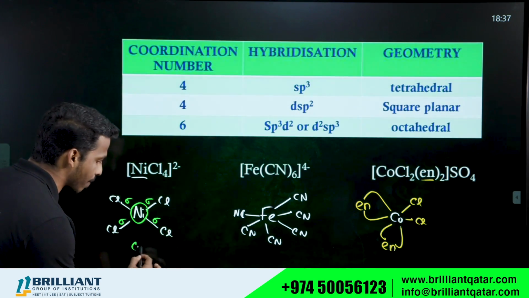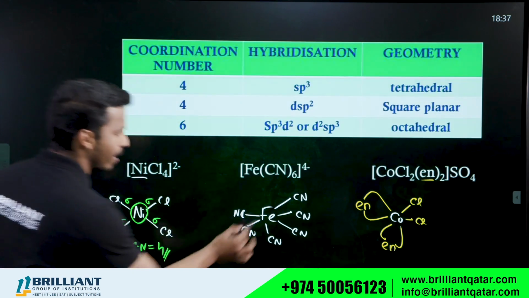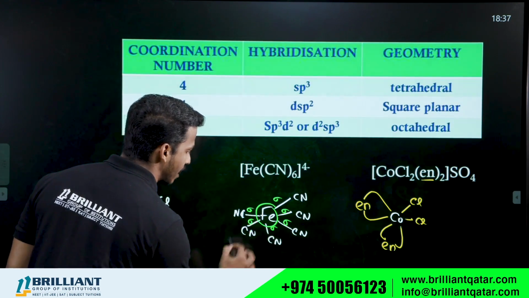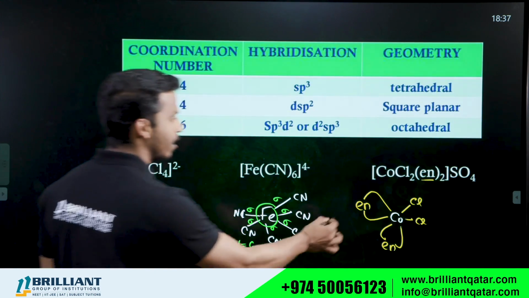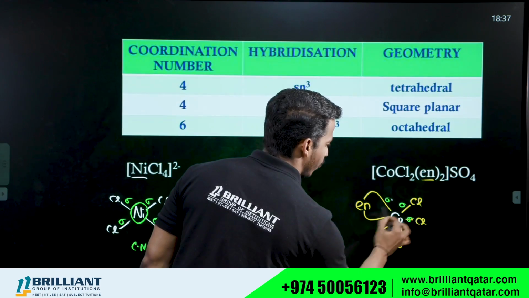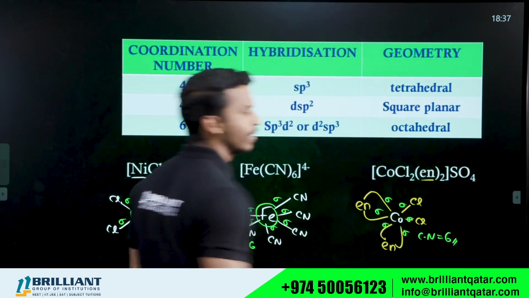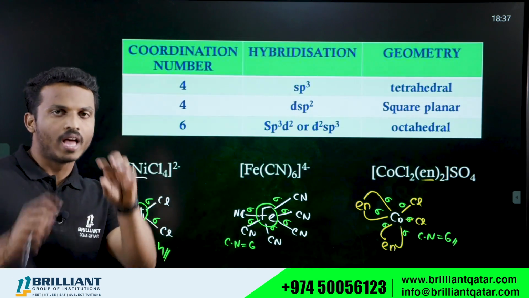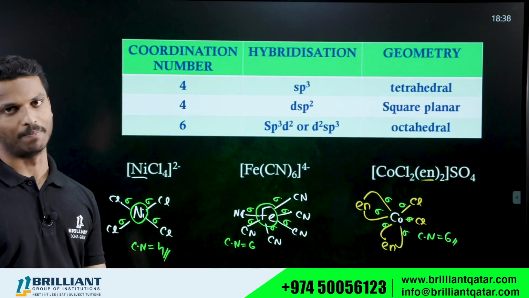So the coordination number is 4. What about here? The metal atom is surrounded by 6 ligands, so the coordination number is 6. Whereas here also 1, 2, 3, 4, 5, 6, so the coordination number is 6. So, dear student, the number of sigma bonds around the metal atom which are created by the ligands is called the coordination number.